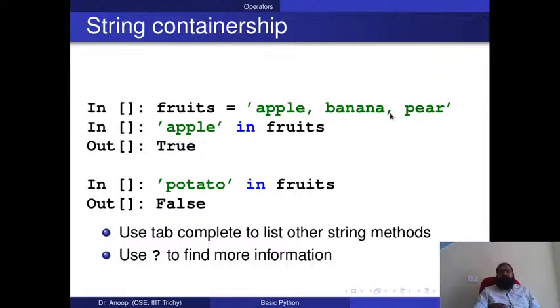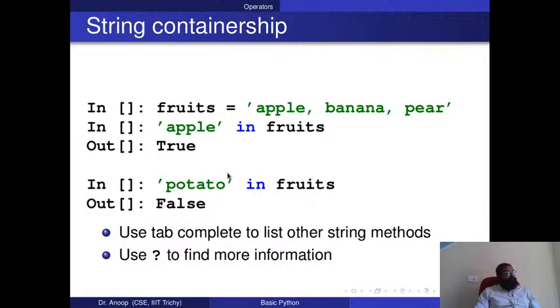In the second statement we are passing a particular string, apple, and we are checking in fruits. It will check whether the substring apple is present in the string fruits. We can see that apple is already present in fruits, so it will return true. On the other hand, when you try potato in fruits, since potato is not part of the string, it will return false, and this is what is called string containership.